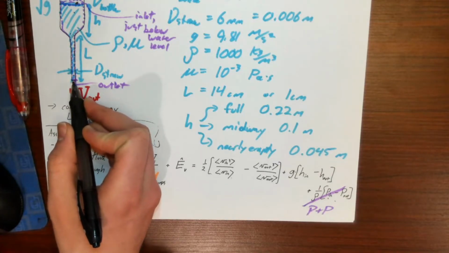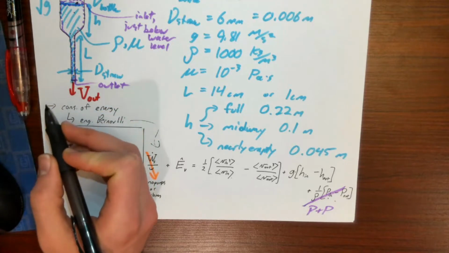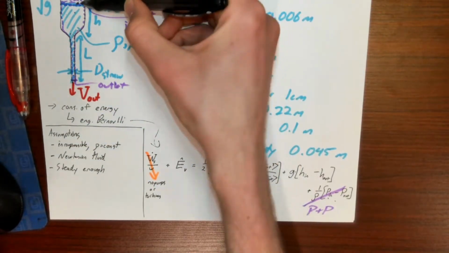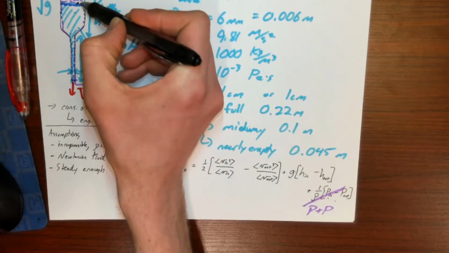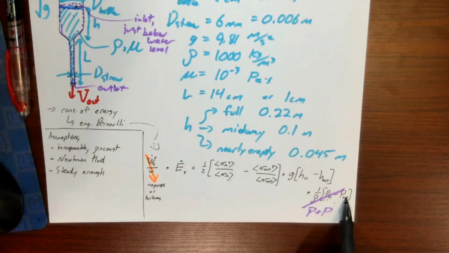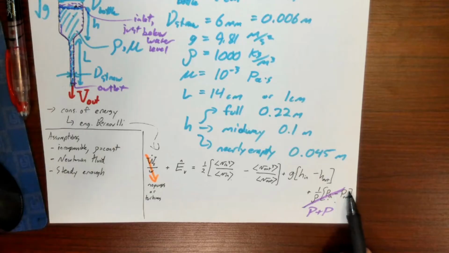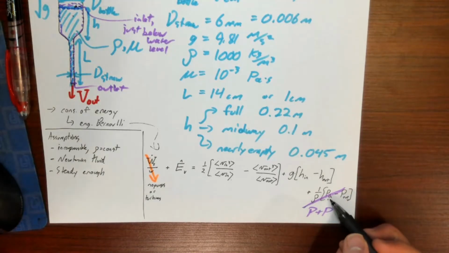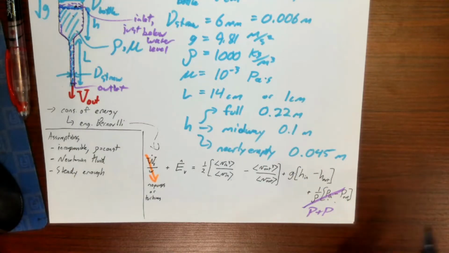So if we have jets exposed to atmosphere all around, we have atmospheric pressure up here and atmospheric pressure down here. The pressures at the inlet and outlet are the same, so they cancel each other out in this term. It doesn't matter if we're working in gauge or absolute pressures, those pressures are the same and they cancel out.